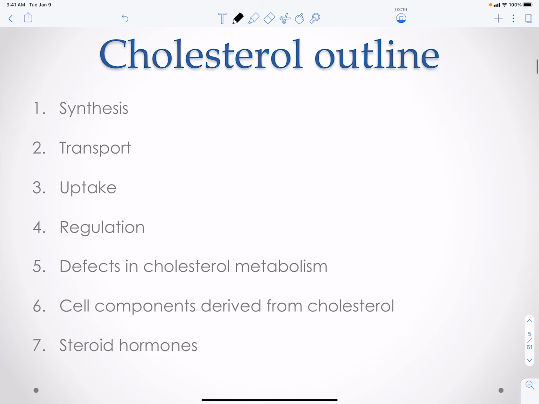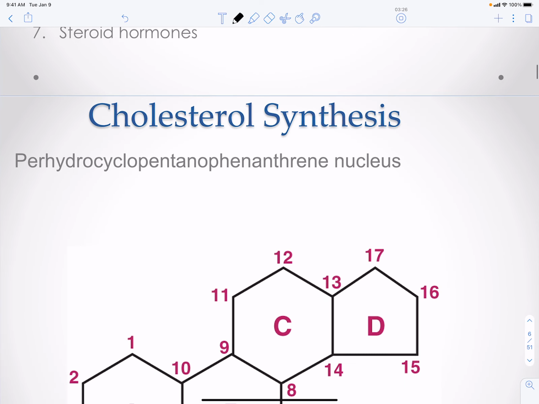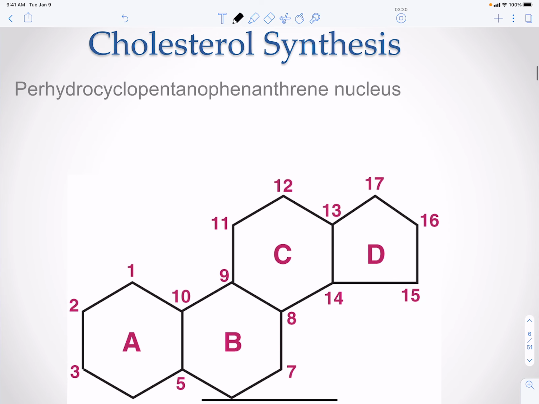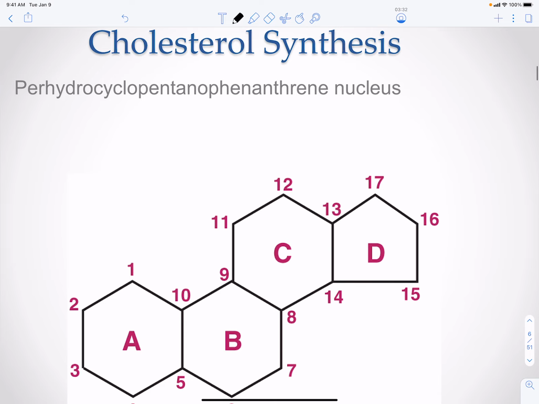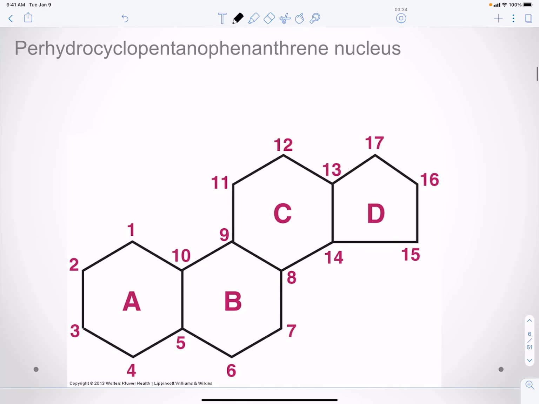So we're going to talk about the synthesis, transport, uptake, regulation, as well as some of the defects. So the first thing is the synthesis. You can see here that we have this 4-ring compound, and this is the parahydrocyclopentaphenanthrene nucleus.